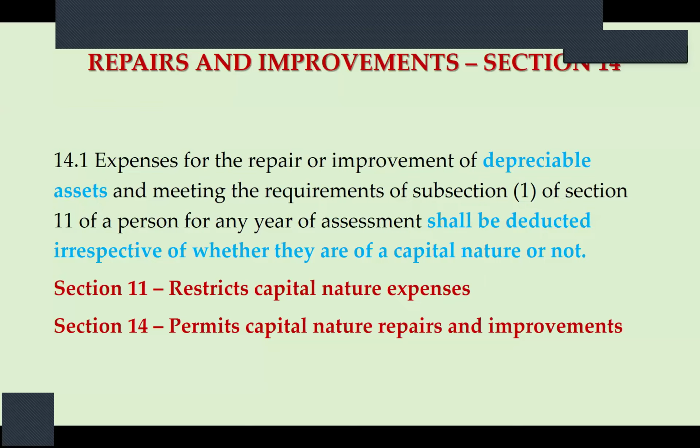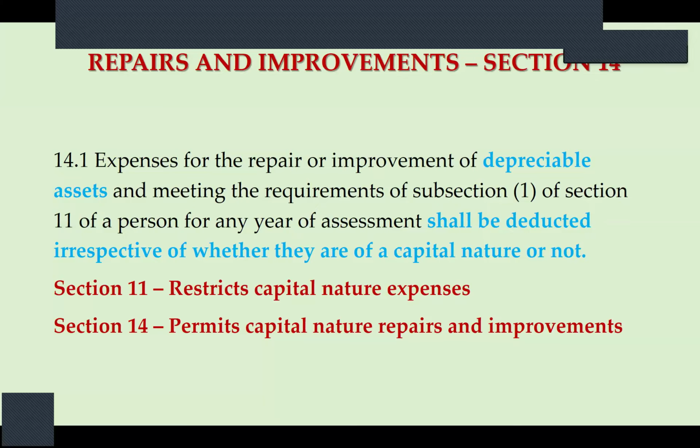So what is the importance? Why this kind of deductions? What is the benefit of deducting repair and improvements under section 14? If that expenditure is a capital nature expenditure, it is deductible under section 14, but it is not deductible under section 11. So that is why we have two reasons.